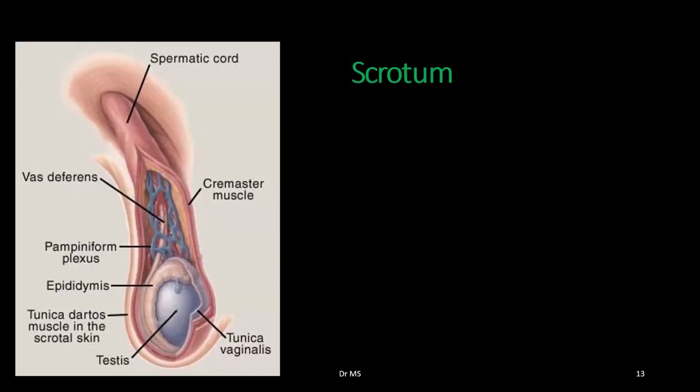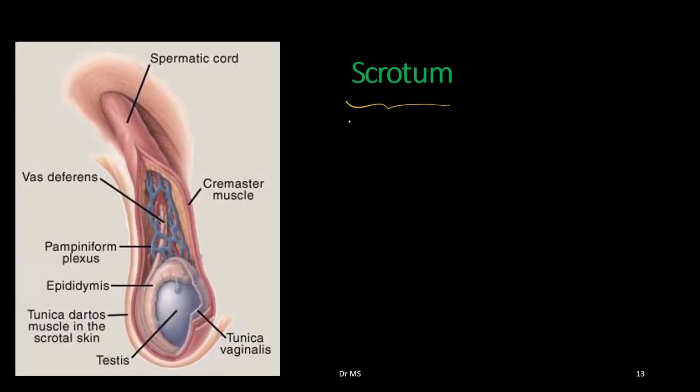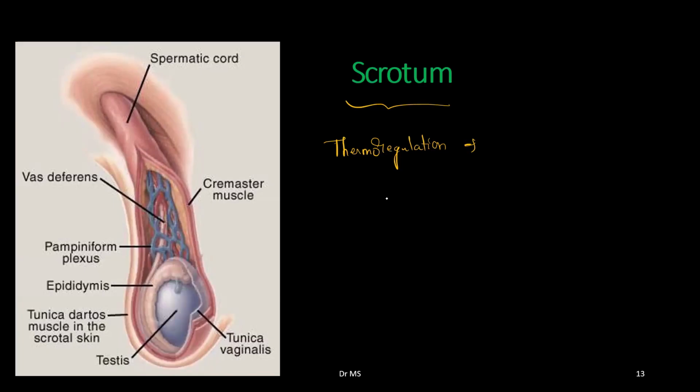So let's see the functions of the scrotum. One is that it is helpful for regulating the temperature, so you can say thermoregulation. This thermoregulation in the scrotum is brought about by three things. One is the sweat glands.